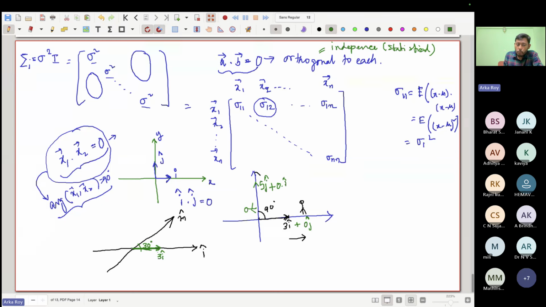If you go to 3 i cap, will there be another component in this other axis too? Due to movement of 3 i cap, will there be another component on this other axis? Yes, anyone?